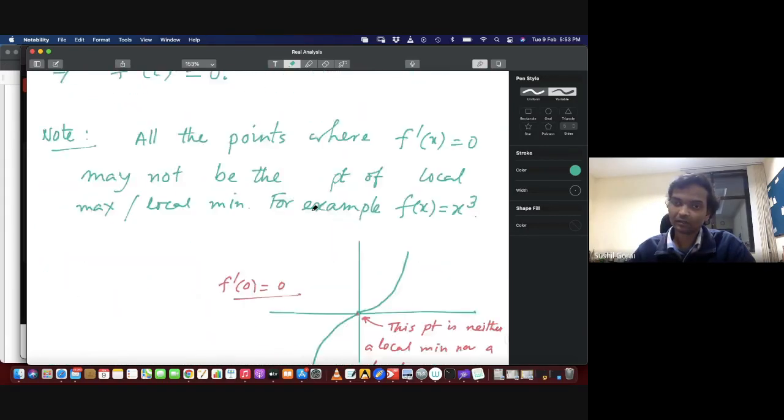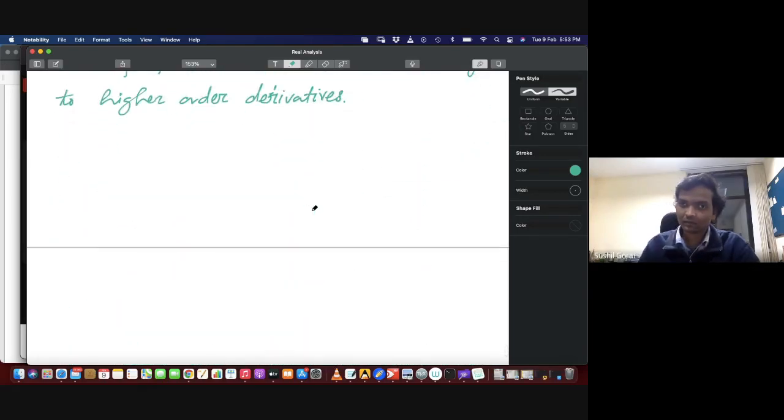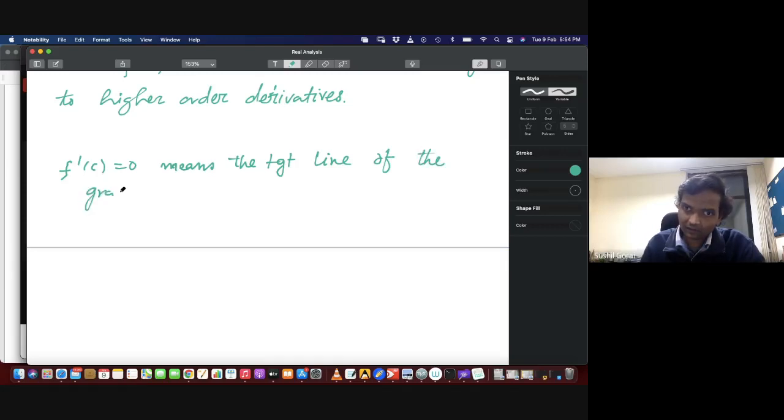And we know that f prime c equal to 0 means the tangent line of the graph of f is parallel to the x-axis.